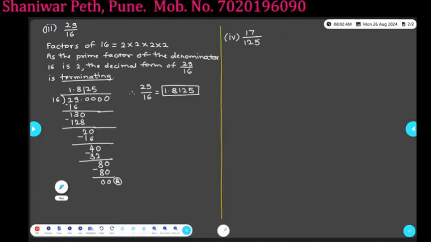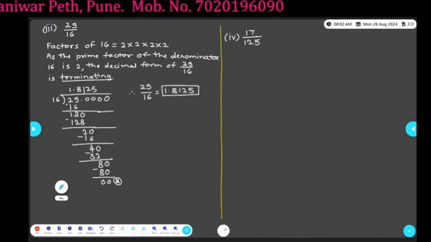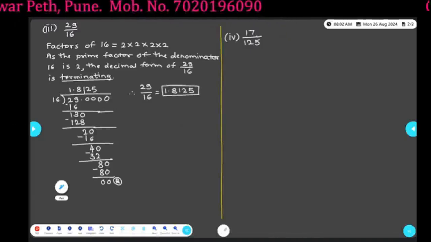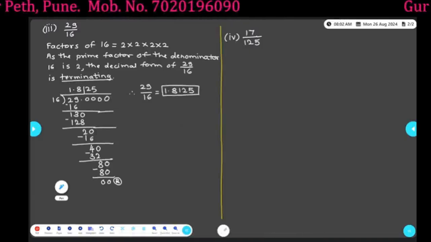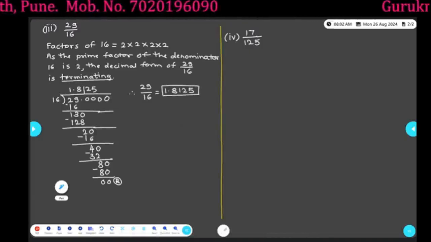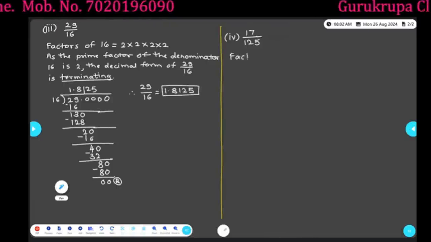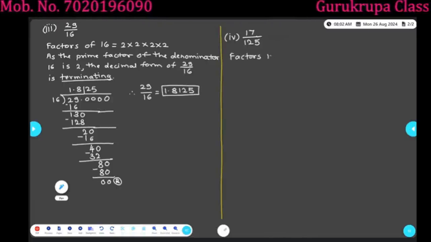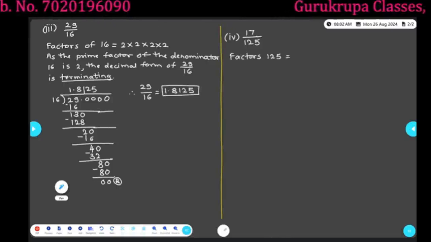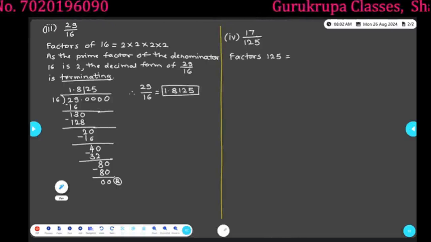No, sir. The next number given to you, 17 upon 125. What our rule says that we have to take the factors of 125. So if we take 125 can be expressed.